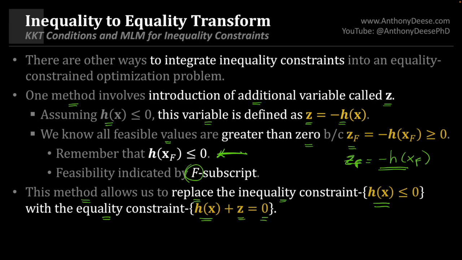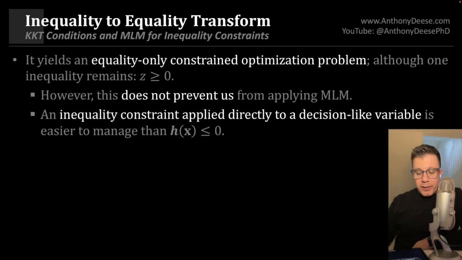And the upside of this method is that from this point forward, we can use many of the methods that we've already learned. So it yields an equality-only constrained optimization problem, although one inequality does remain: z must be greater than or equal to 0. However, this does not prevent us from applying methods like the method of Lagrange multipliers, although we're going to use MATLAB in this specific module.